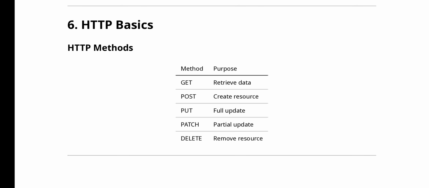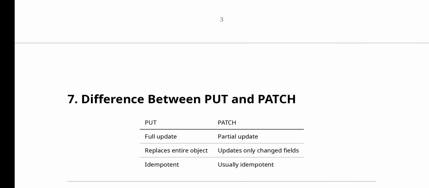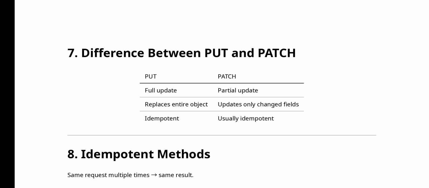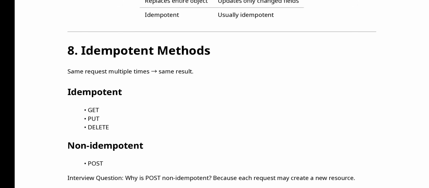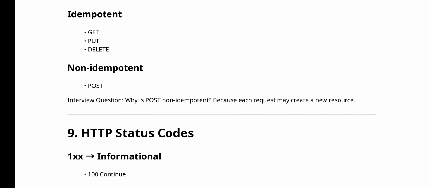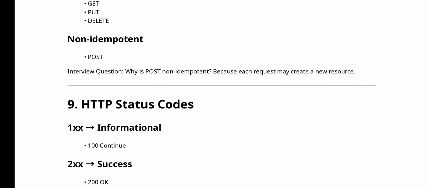I have tried to mention everything in a single liner. Then we have talked about the HTTP methods, the difference between PUT and PATCH, and the idempotent methods and the difference between idempotent and non-idempotent.